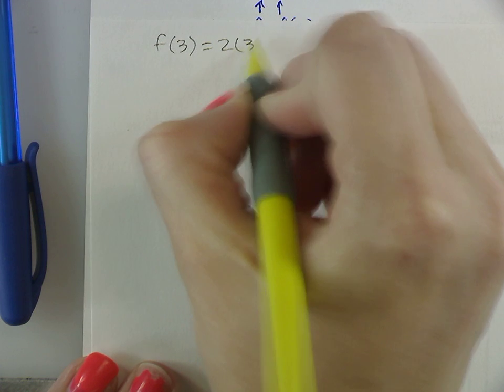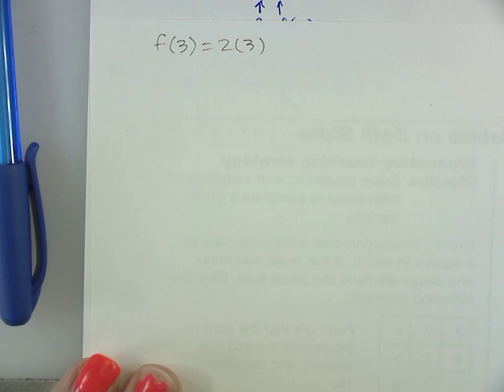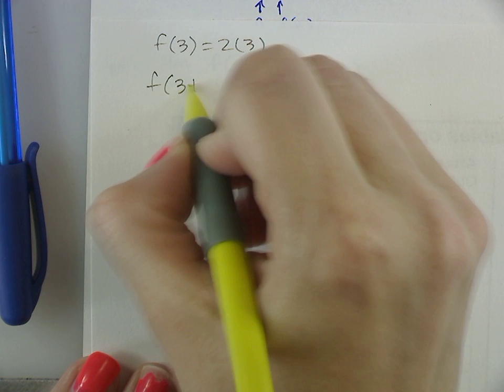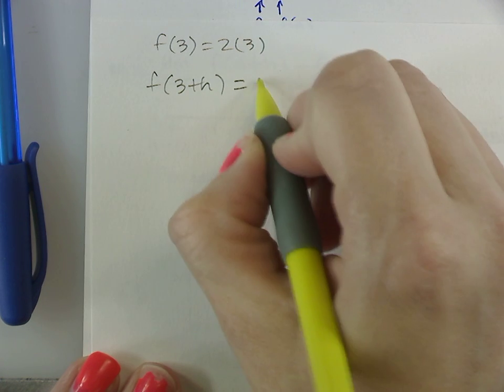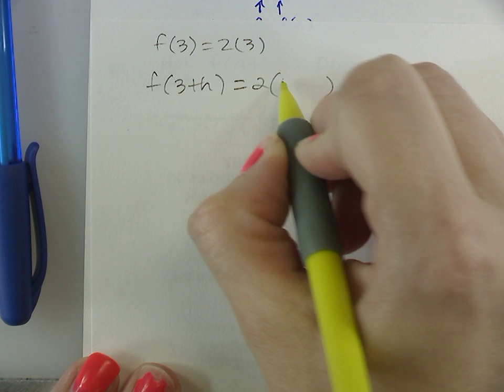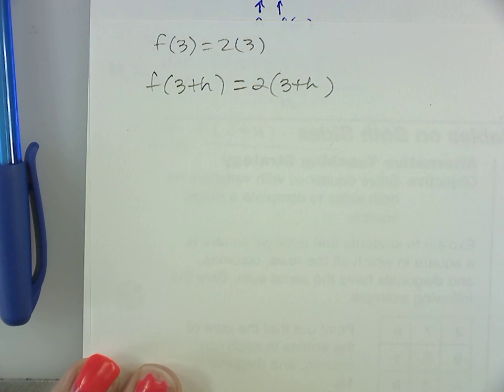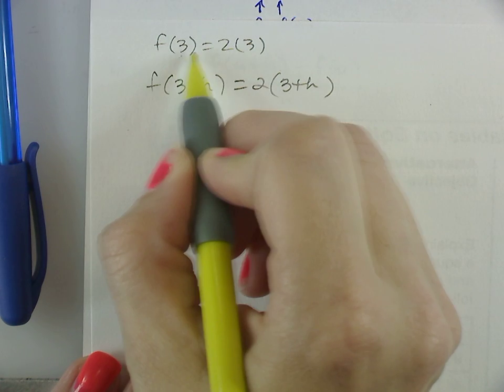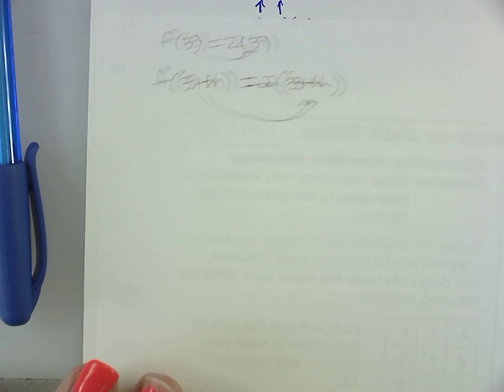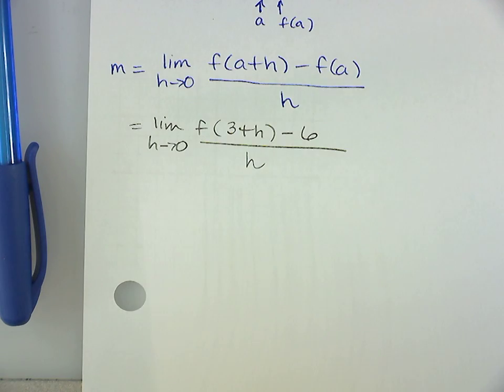Wouldn't f of 3 just be 2 times 3? This is very similar, except I'm doing f of 3 plus h. So what am I plugging in for x? 3 plus h. If it's just f of 3, I replace it with 3. If it's 3 plus h, I replace it with 3 plus h.